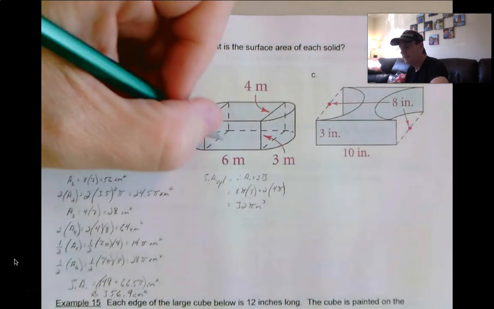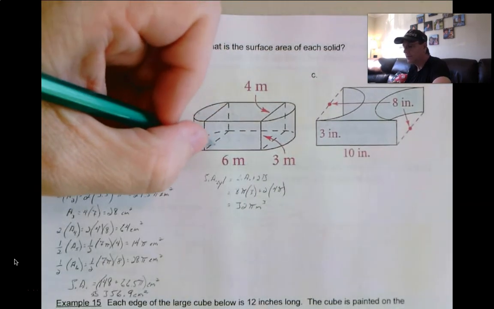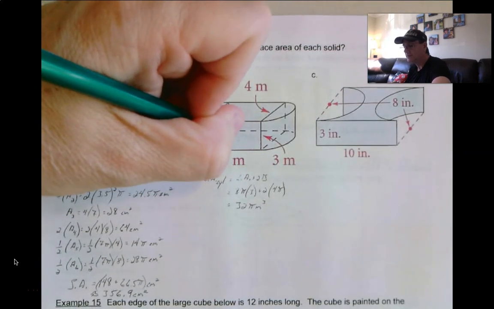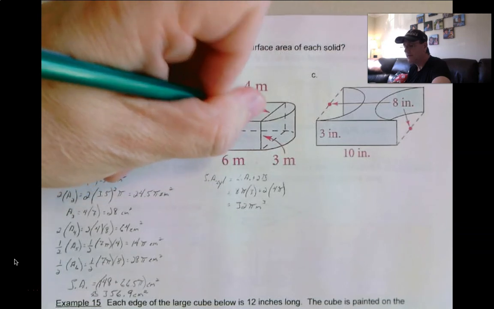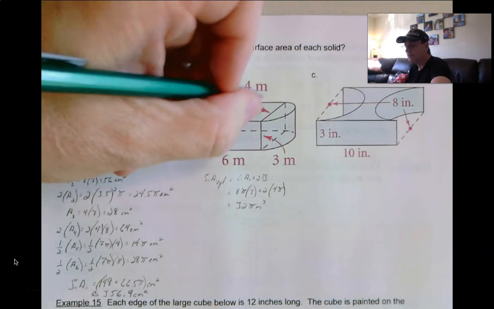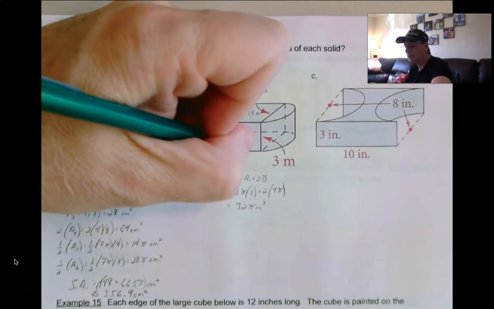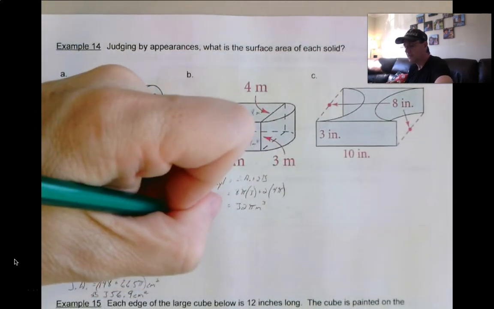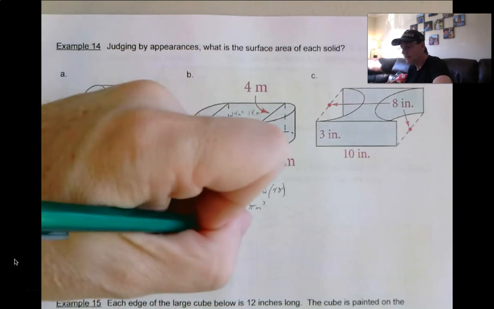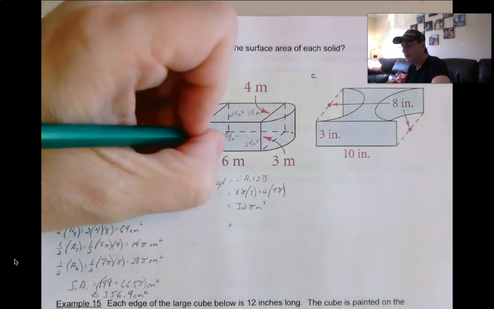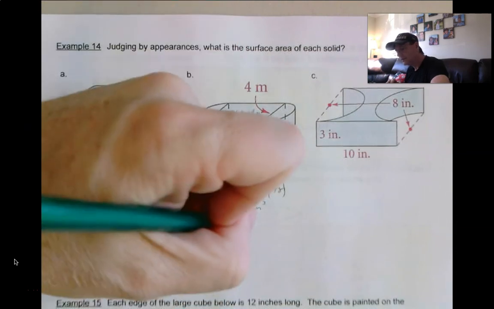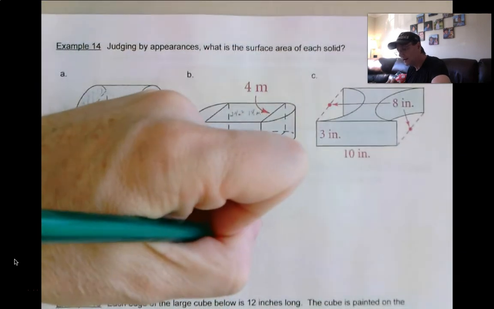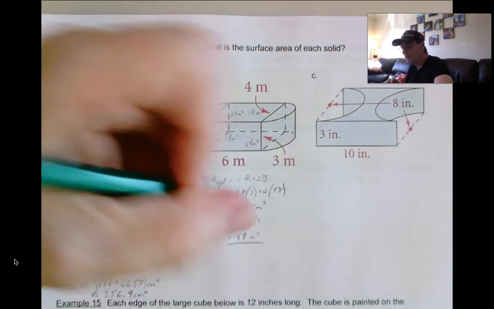I'm going to add to it 6 times 3, which is 18, times 2, 18 and 18 is 36 meters squared, plus 6 times 4, 24 meters squared, another 24 meters squared, so 48 meters squared.